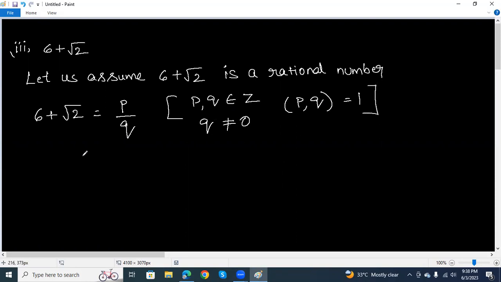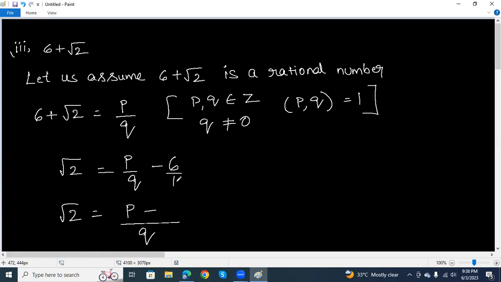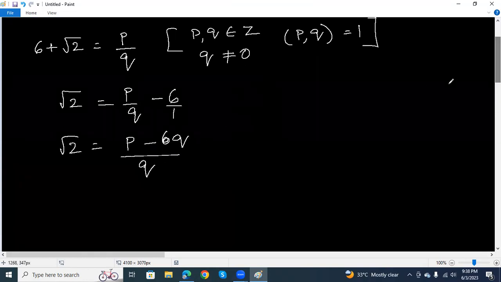Okay. So now keep this root 2, the irrational number, on the left hand side and take the other part to the right hand side, which is minus 6. So root 2 is equal to, here the LCM is q, p minus 6q by q.